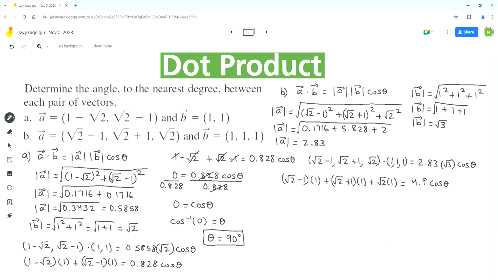Now we can simplify the expression on the left side. The square root of 2 minus 1 times 1 is equal to just square root of 2 minus 1. And then we just get square root of 2 plus 1. And then it's just square root of 2.